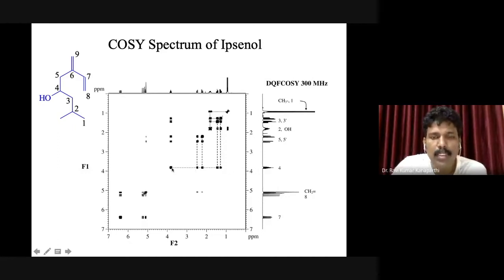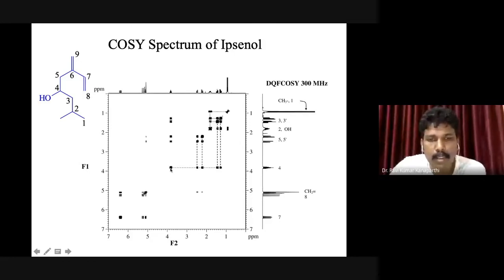So you draw the horizontal line and then the vertical line, and see what it is matching with. In this explanation, the lower part on the left-hand side of the diagonal peaks is used to interpret the spectrum.